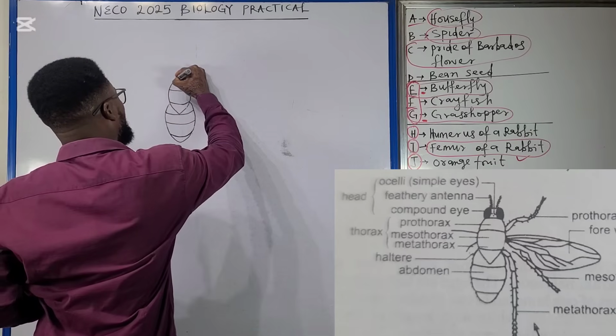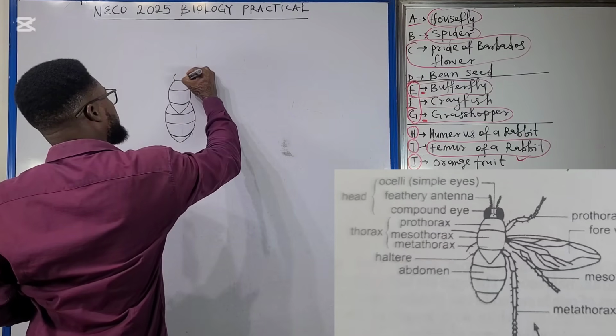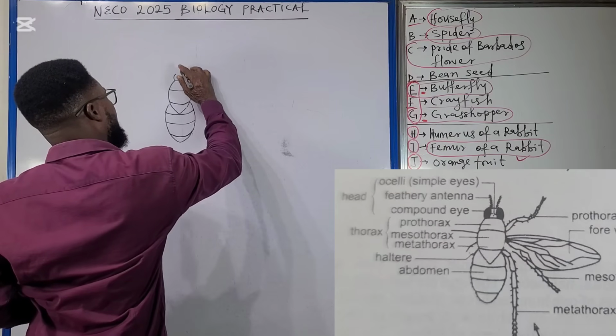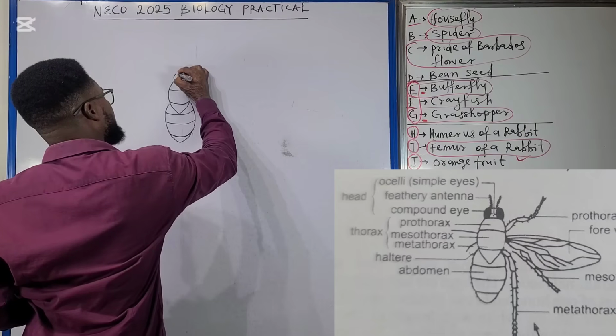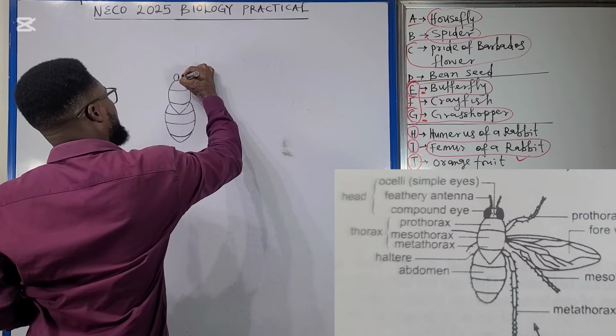Next up is for us to draw the compound eyes. The compound eyes is totally black.